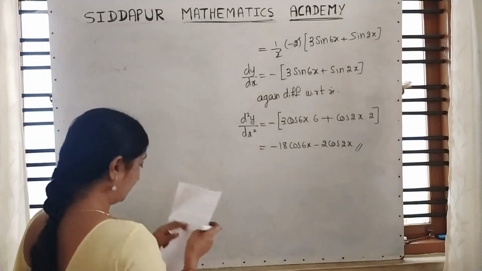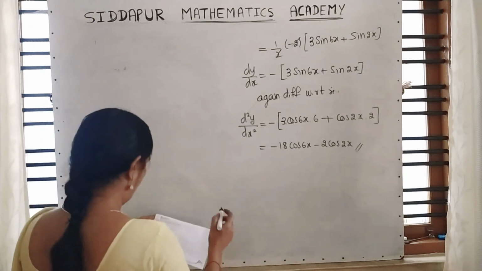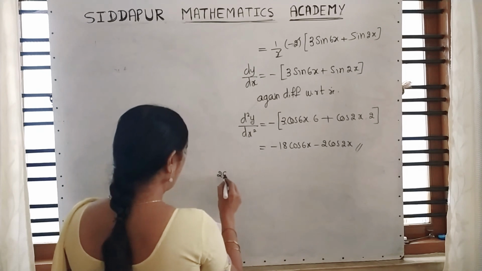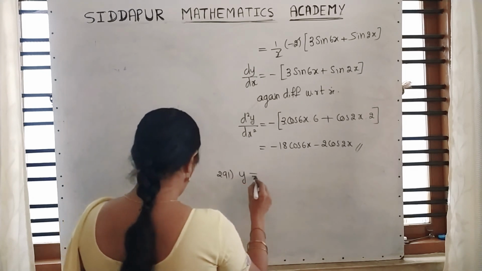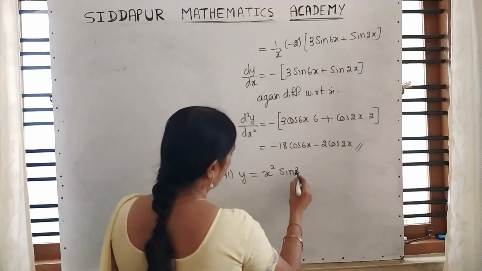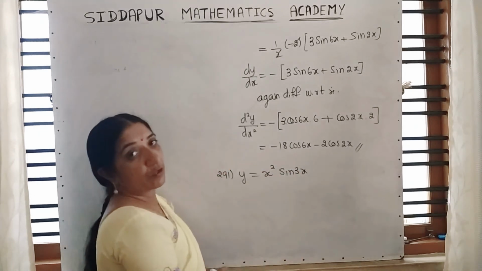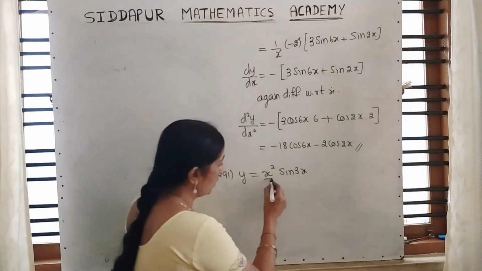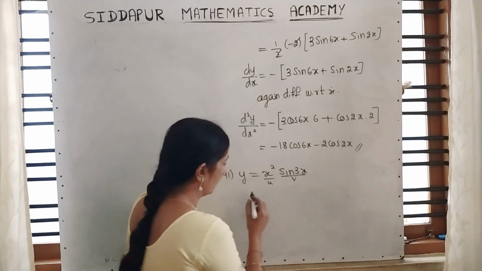Question number 291. Y is equal to x square into sin 3x. See here, other than u into v, we don't have any other options. This is u, this is v.